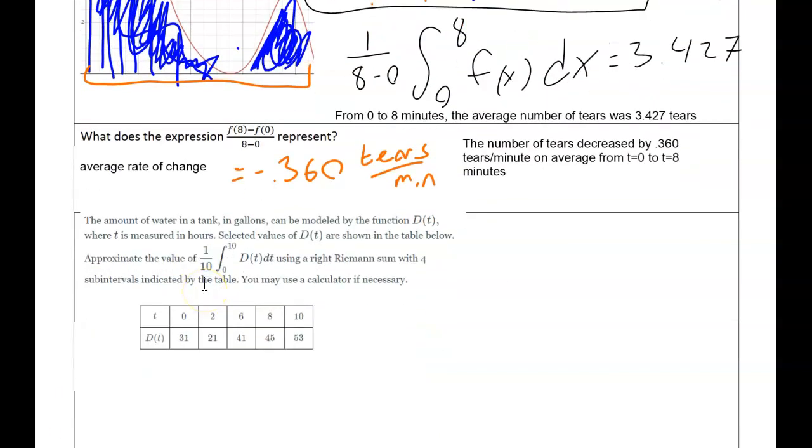The last thing we are going to do here is just note that I can estimate averages using Riemann sums as well. So notice we have an average value integral here: 1 over 10 minus 0, and then the integral from 0 to 10 dt. But then it gives me a table and asks me to use a Riemann sum.